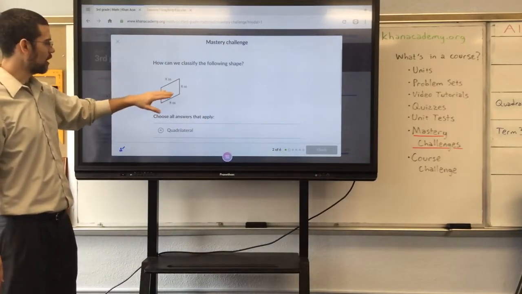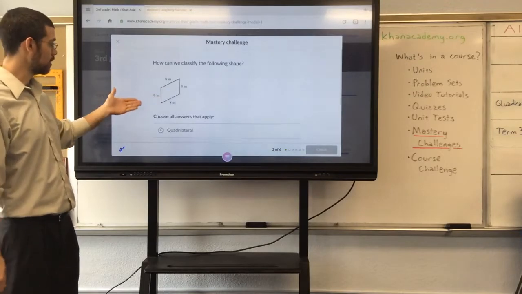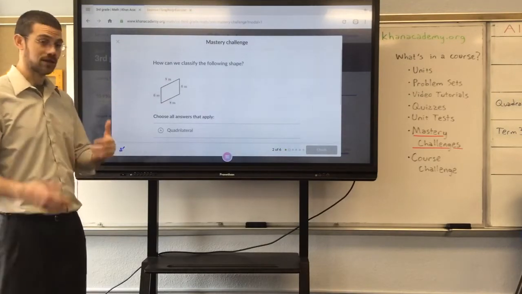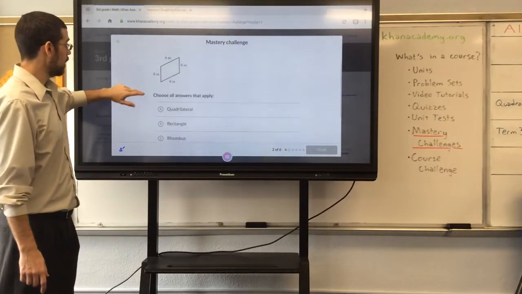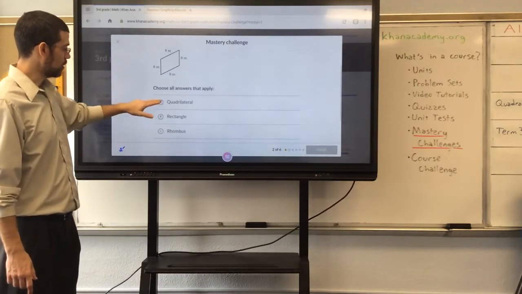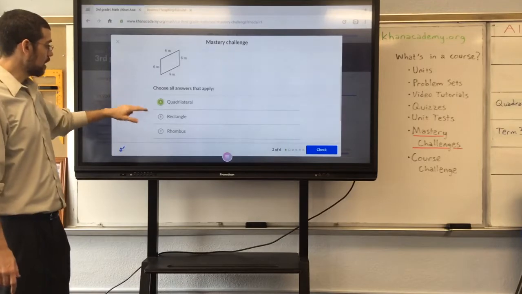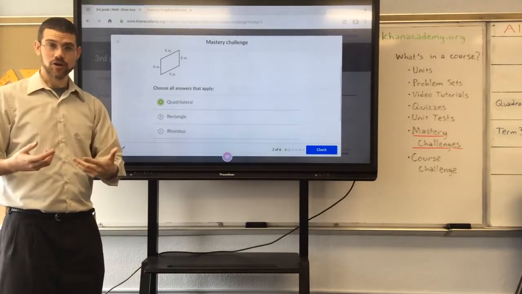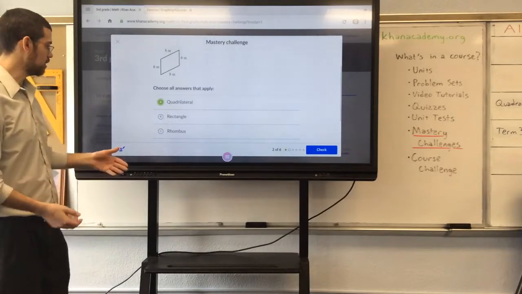How can we classify the following shape? Here it is. I notice it has 4 straight sides and it's closed, so that makes it a polygon. And since it's 4 sides, it's a quadrilateral. It is not a rectangle because to be a rectangle means that the angles are all right angles, 90 degrees.